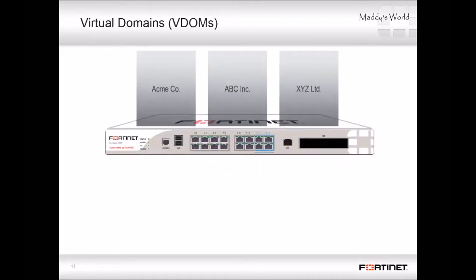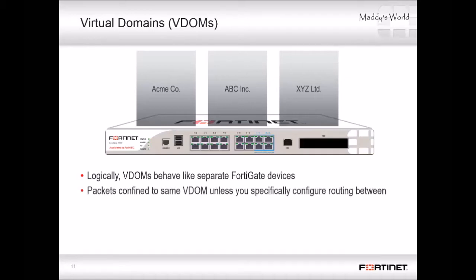Each VDOM has its own interfaces, which can be real or virtual. It also has its own routing tables, firewall policies, packet inspection, and so forth. In that way, enabling VDOMs causes your Fortigates to behave as if they were multiple smaller Fortigates. Due to hardware differences, the maximum number of VDOMs varies by model.